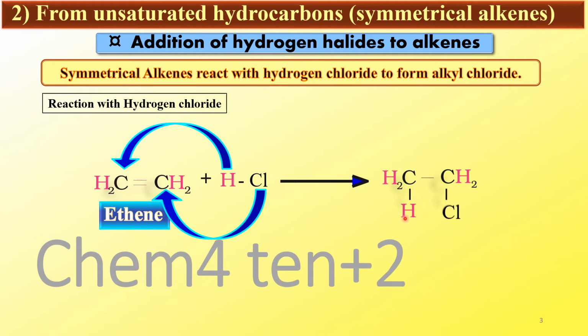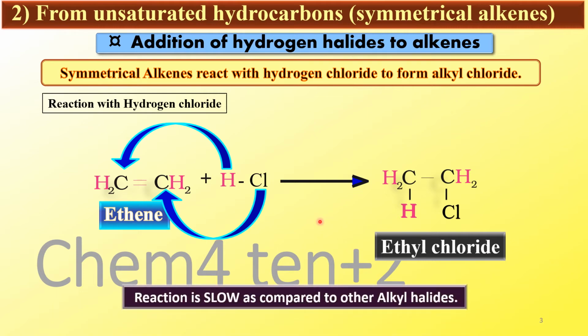As we can see here, hydrogen goes to one carbon atom and Cl goes to another carbon atom to give here ethyl chloride. In this reaction, it is found that the reaction is slow as compared to other alkyl halides. Let's proceed.